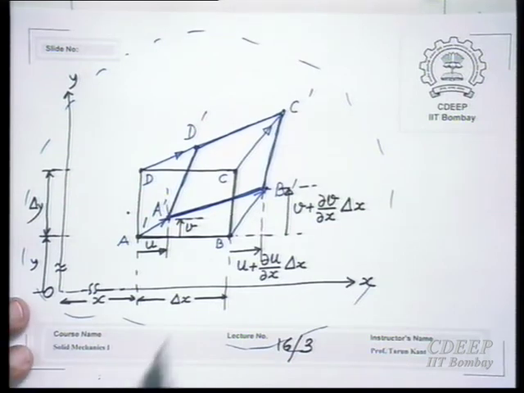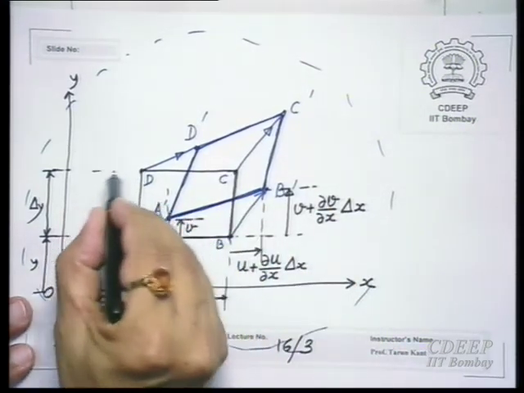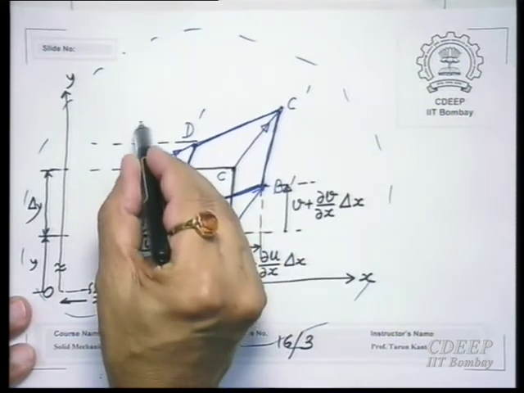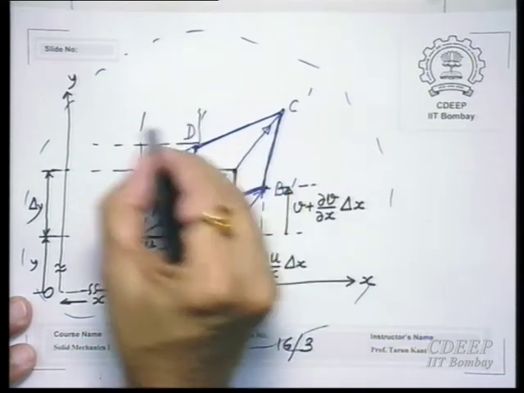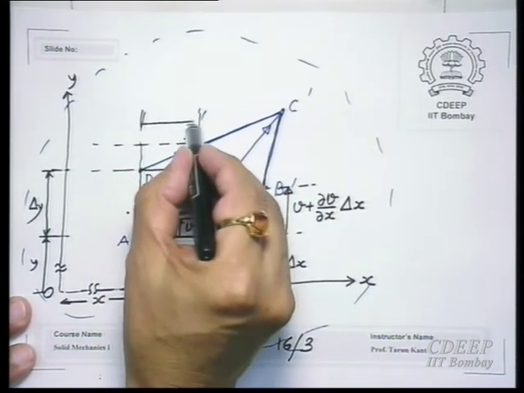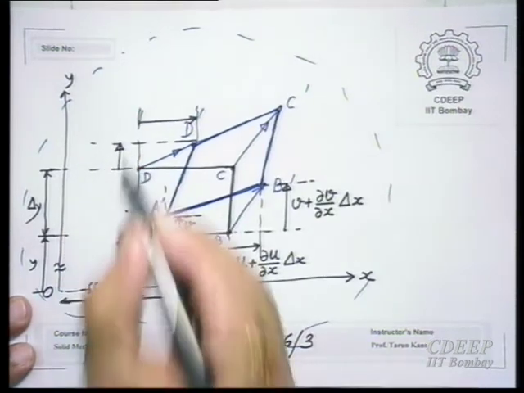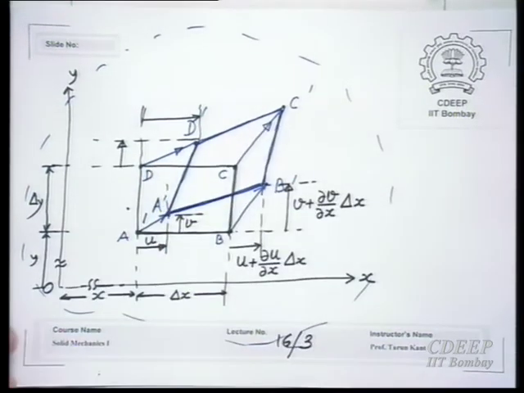Now the same thing you try to do here. You have come to D dash, and you can do this. These are the two components of this displacement vector.